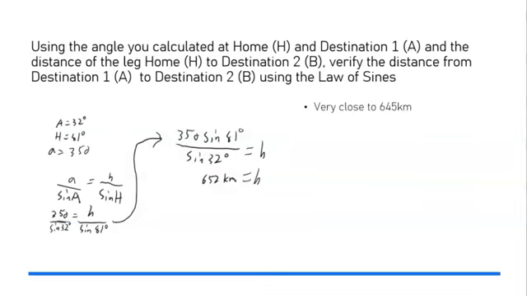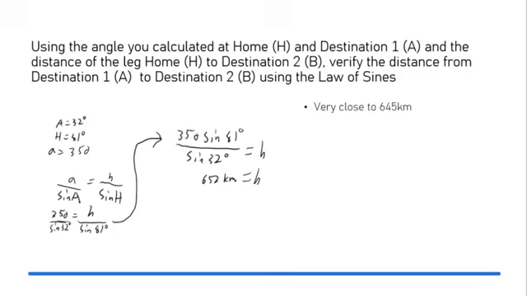Using the angle you calculated at home and destination 1 and the distance of the leg home to destination 2, verify the distance from destination 1 to destination 2 using the law of sines. I verified the distance from Washington to Detroit by using sine law.